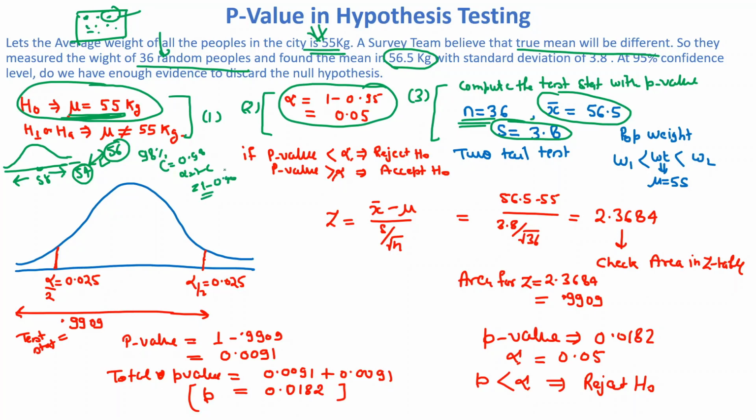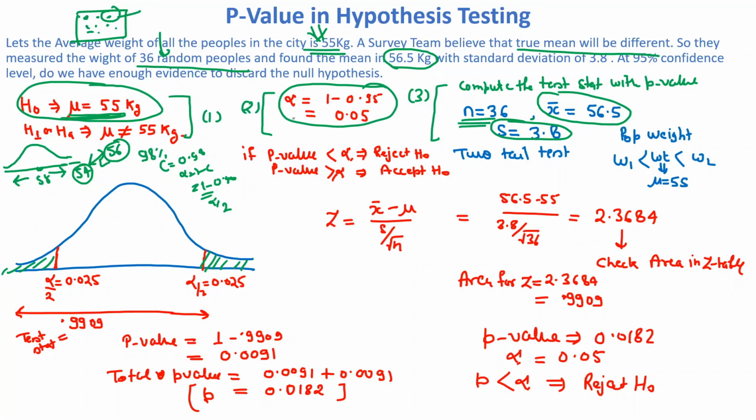We calculate this way for a one-tail test. But for a two-tail test, our alpha would be alpha by 2. So alpha is 0.05, and this is our two-tail test. We can divide it into two portions, the right side and the left side, each of which would be 0.025.